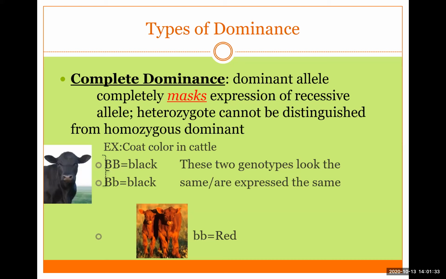Each one of these squares is a baby, a potential baby from this mating, right? So what did we wind up with 100% of the time as far as the combination of alleles? We wound up with uppercase B, lowercase b, all of them, 100% of them, right? Were uppercase B, lowercase b.